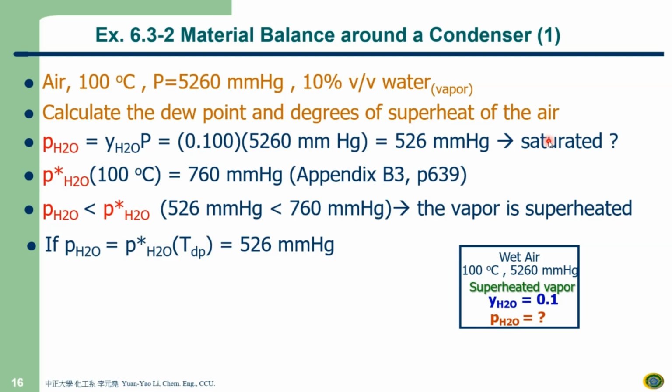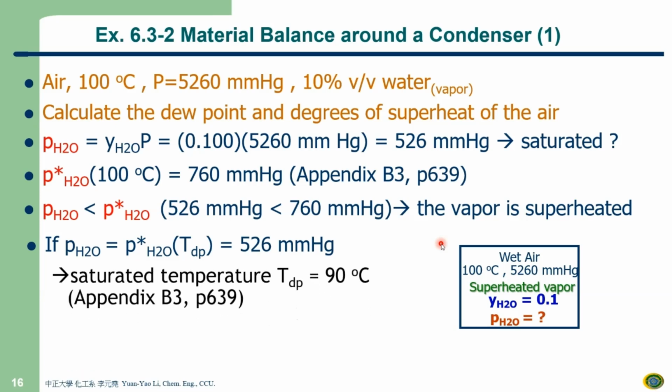Right, so when the vapor pressure equals 526 millimeter mercury, this is saturated. As you decrease the temperature, the pressure will reach equality. You need the vapor pressure to equal the saturated vapor pressure, and we realize the vapor pressure is 526.